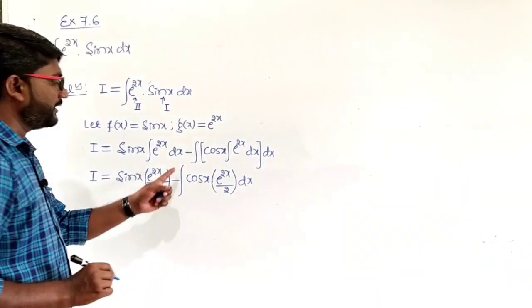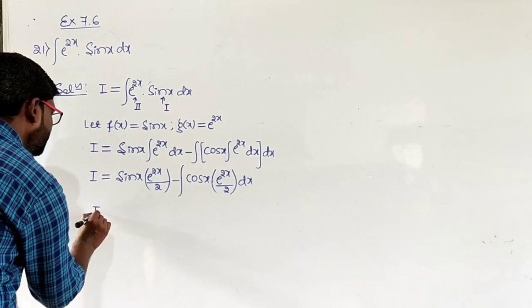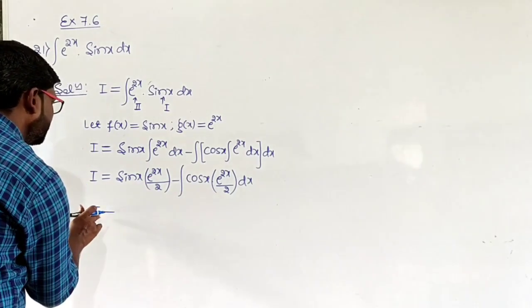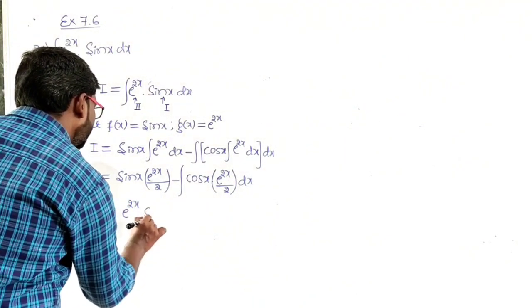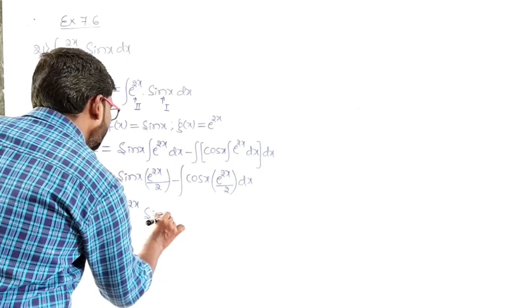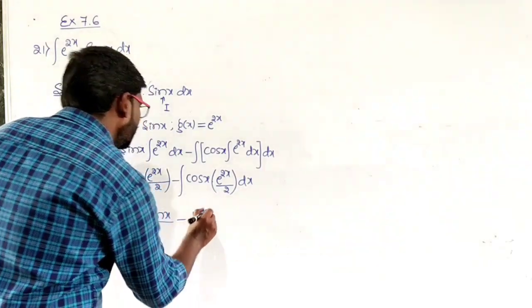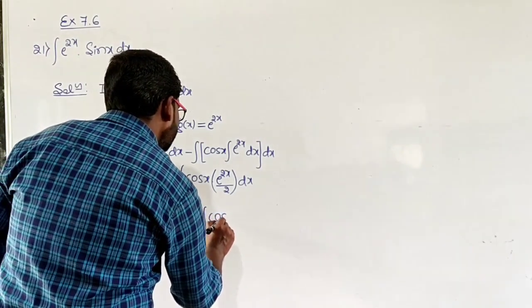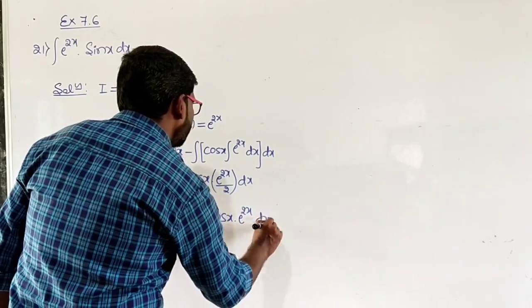Now I take 1 by 2 outside the integral. I equals e power 2x into sin x whole divided by 2, then minus 1 by 2, then the integral of cos x into e power 2x dx.